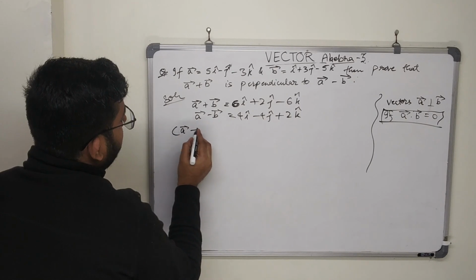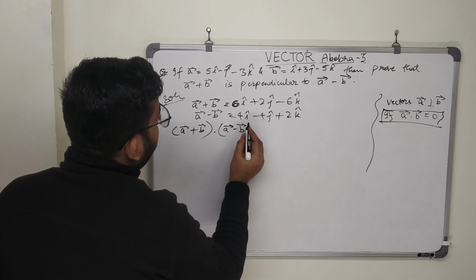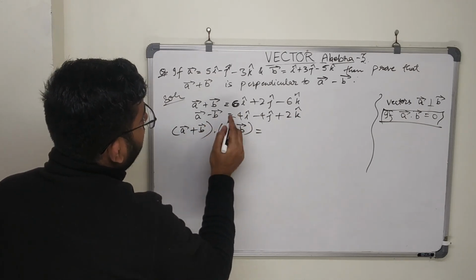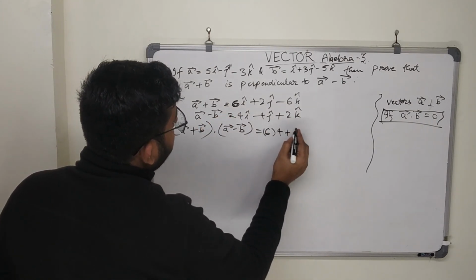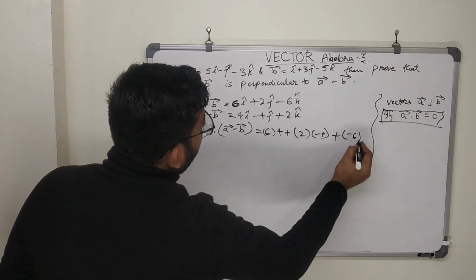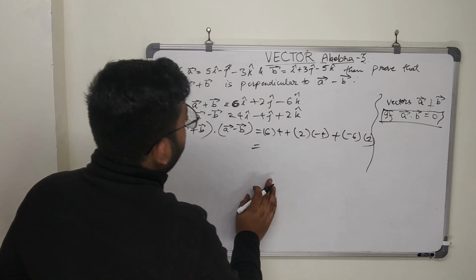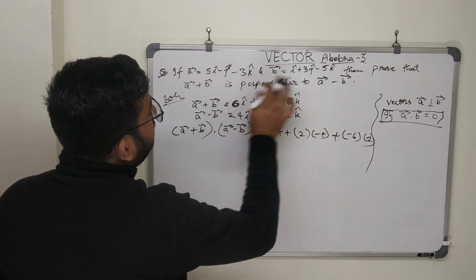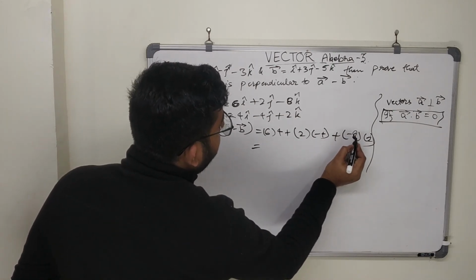It will be calculated in the same way, that is 6 into 4 plus 2 into minus 4 plus minus 6 into 2.